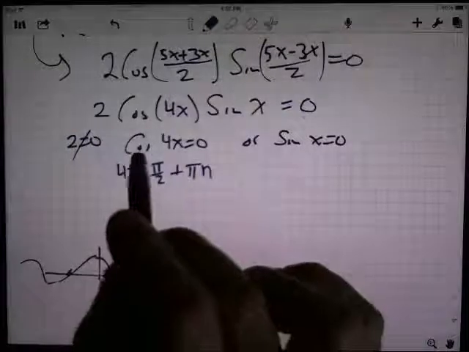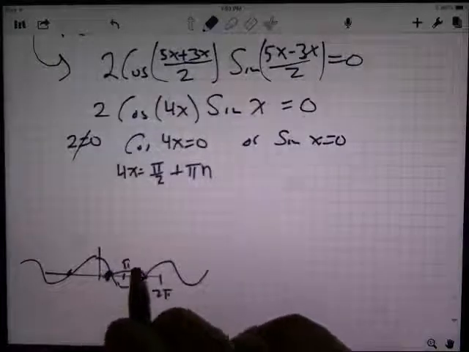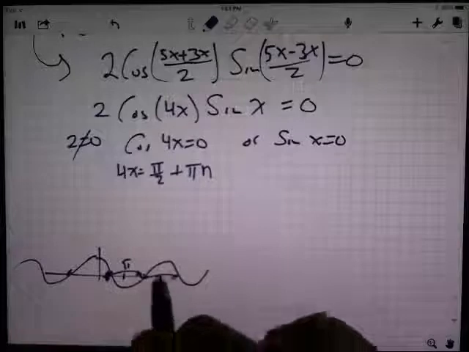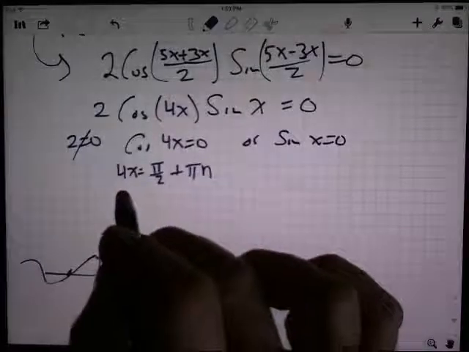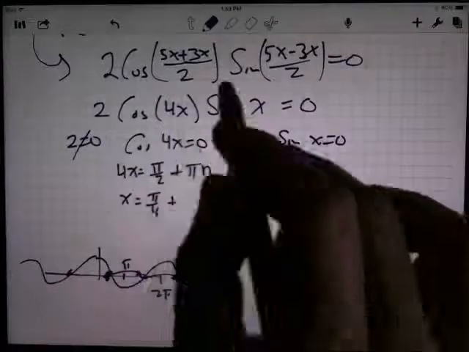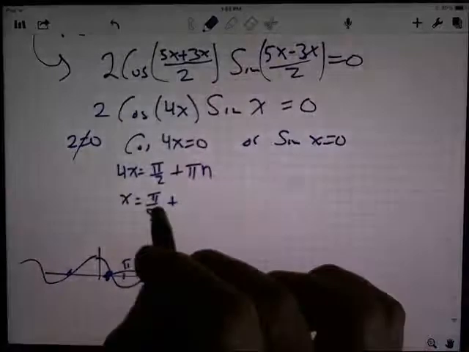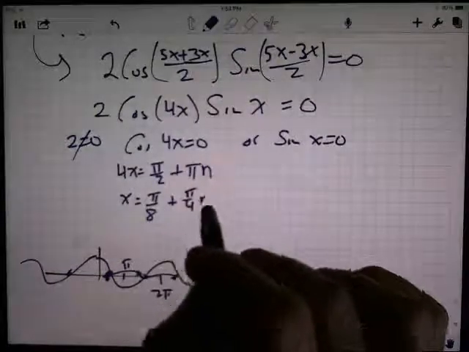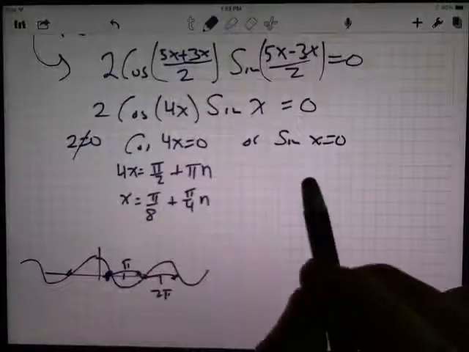Usually with cosine I have to use 2 pi's, but because we're right smack dab in the middle, the gap from here to here is the same as the gap from there to there. So I can get away with just doing that. Solving for x then, x is pi over 8 plus pi over 4 n. Right, so I divided the pi over 2 by 4, and I divided that by 4.